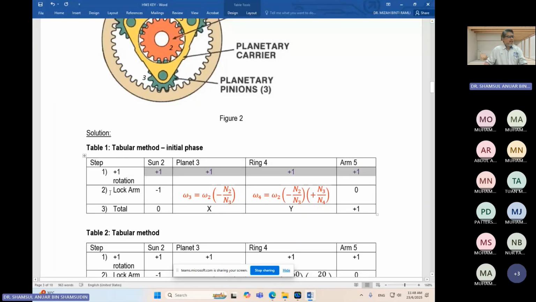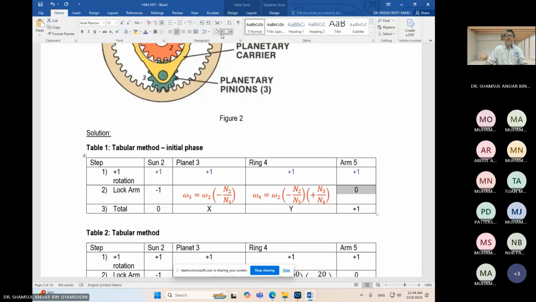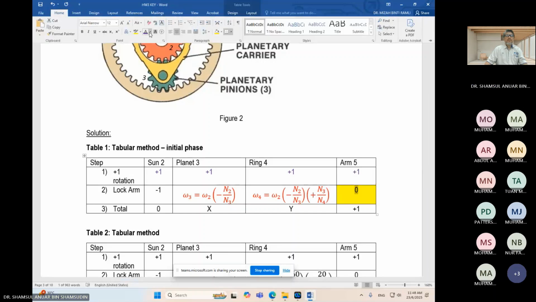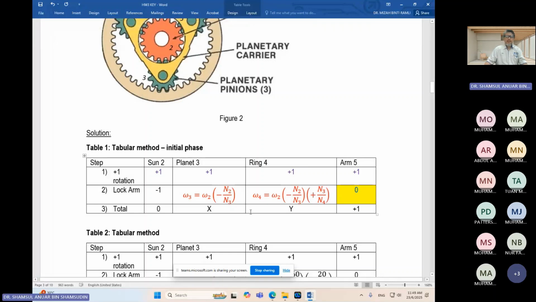So the second step is to lock the arm, or the carrier. Locking the arm means you give 0 here. Zero value here.